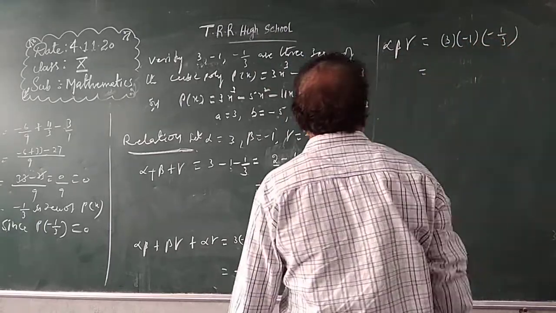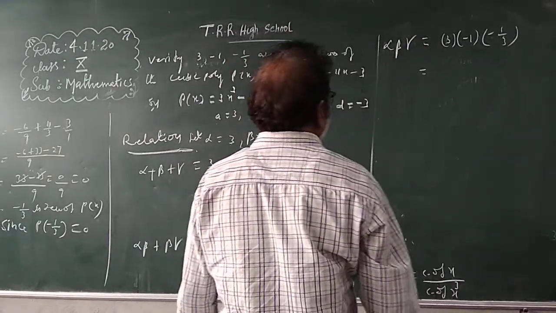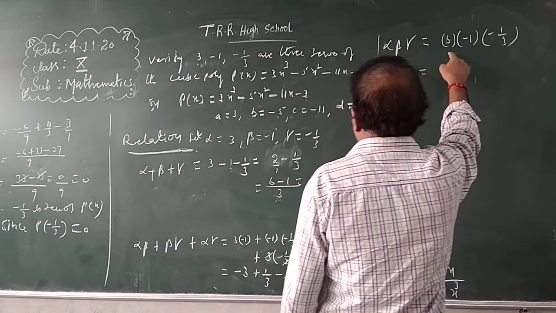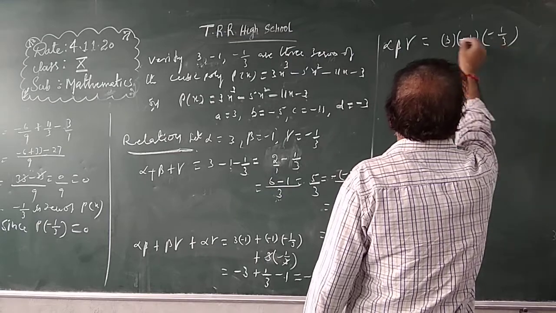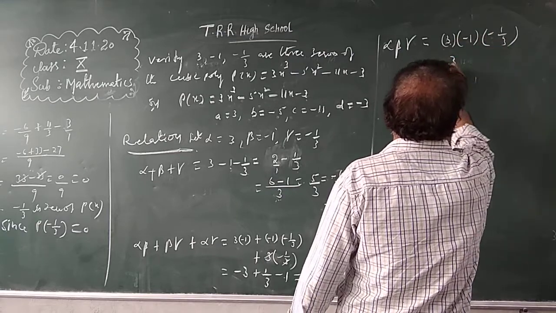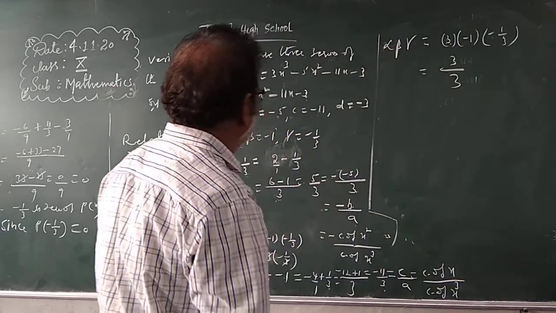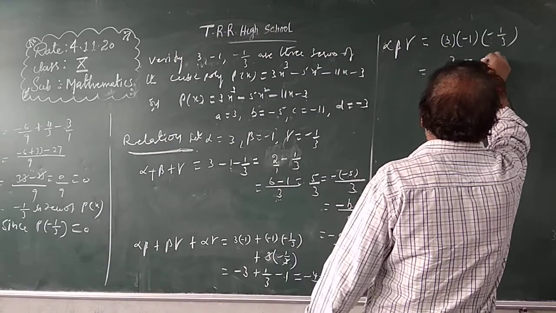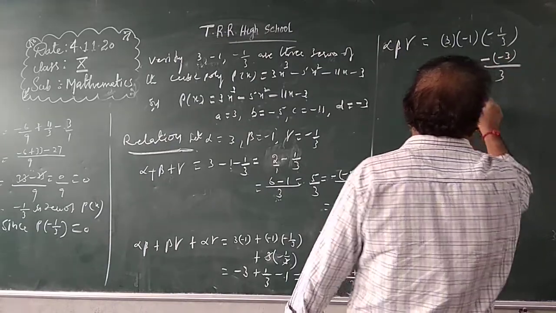Minus into minus is plus, 3 by 3. 3 can be written as minus of minus 3 by 3.